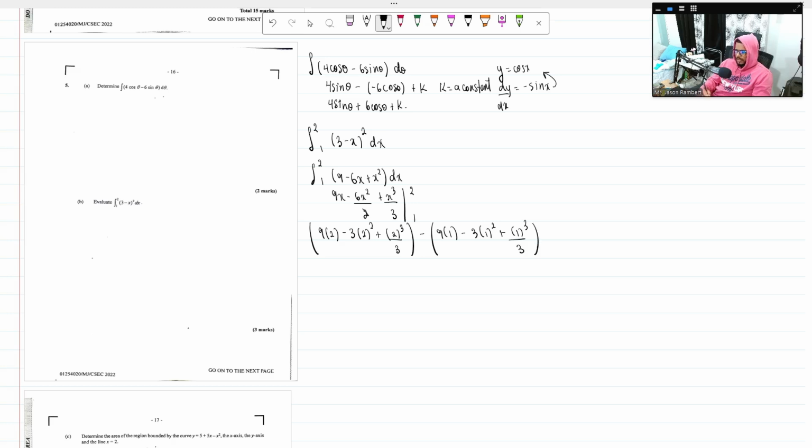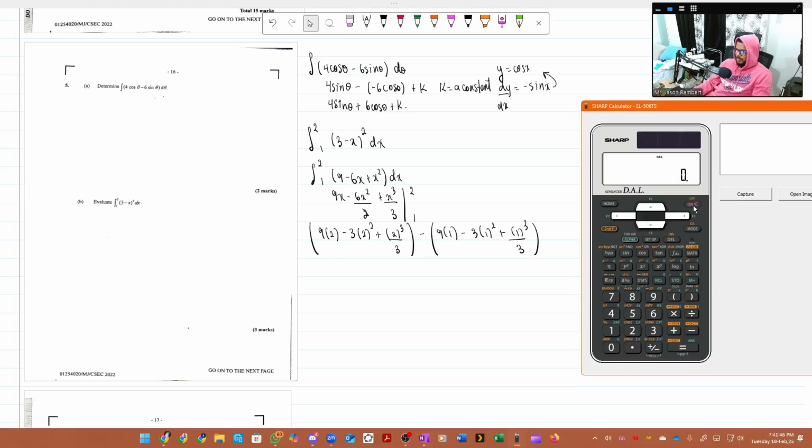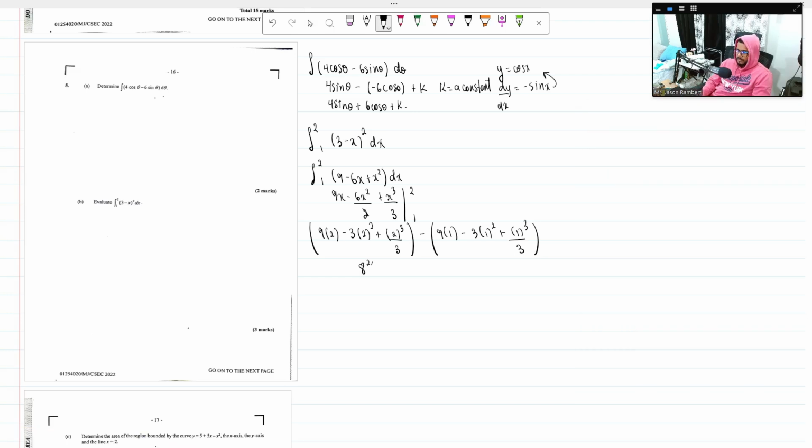My advice is to go ahead and work out the first bracket first. So the first bracket is going to be 9 into 2, take away 3 into 2 squared plus 8 over 3. I get 8 and 2/3 for my first bracket.